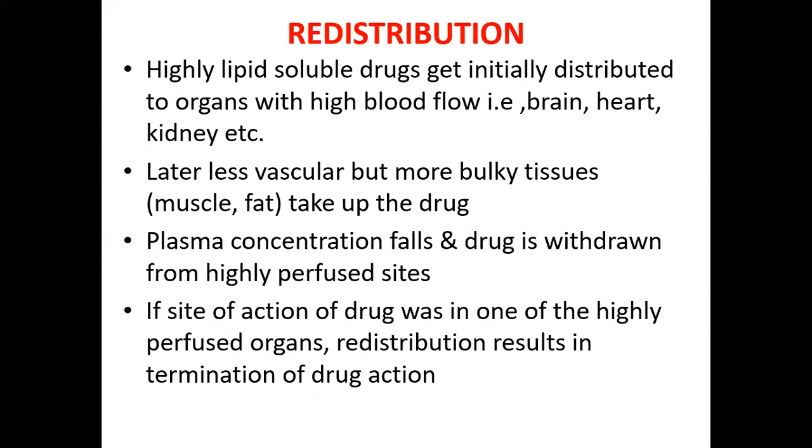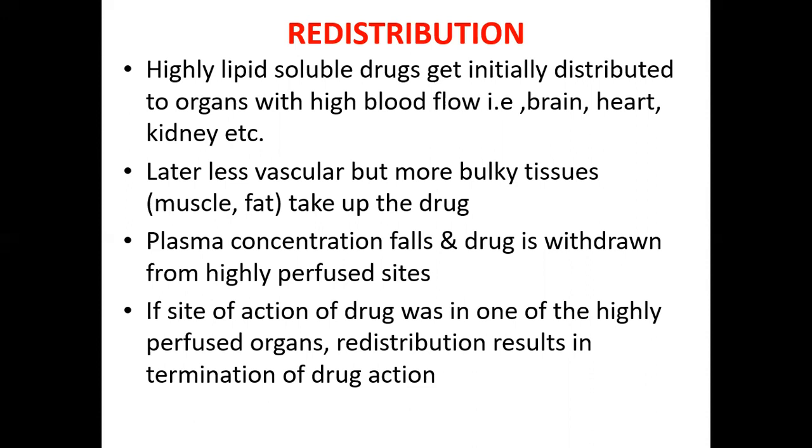So initially they are taken up by tissues which have high blood flow, like brain, heart, and kidneys. Later on, these drugs are taken up by less vascular but more bulky tissues, like muscle and fat.